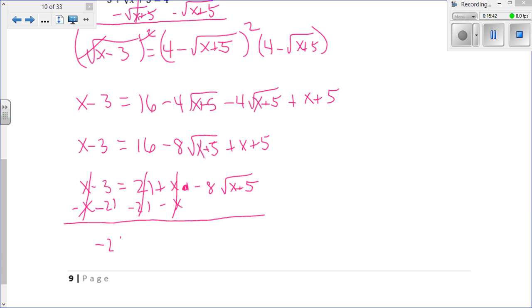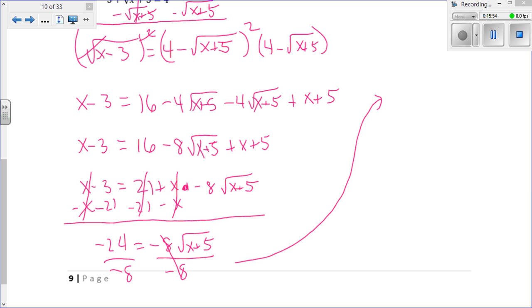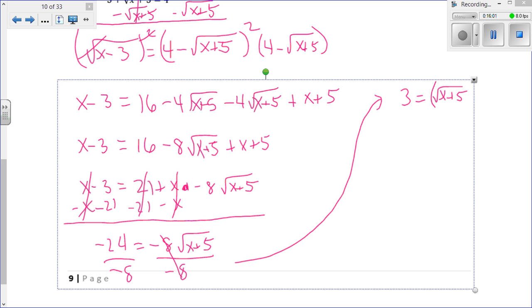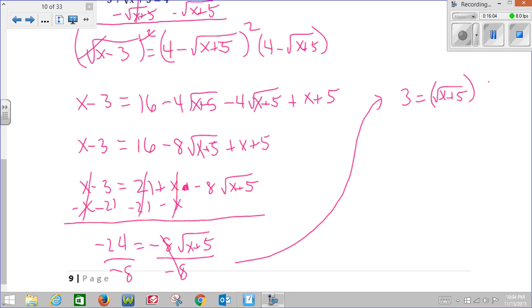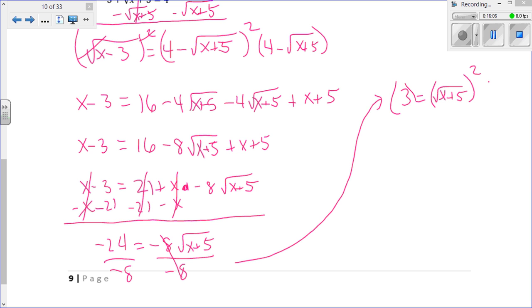So I'll have negative 24 equals negative 8 radical x plus 5. Divide by negative 8. So I will have 3 equals the square root of x plus 5. There we go. So 9 equals x plus 5. Minus 5. X equals 4.